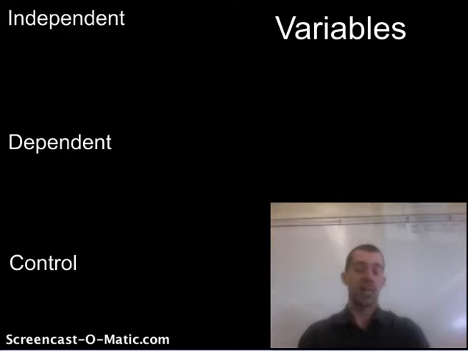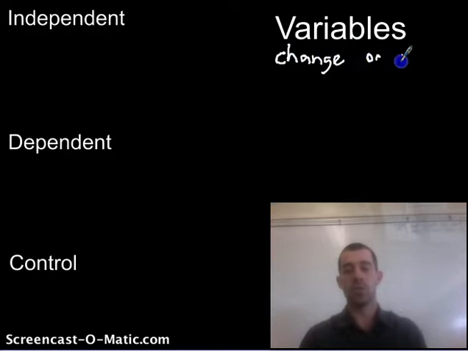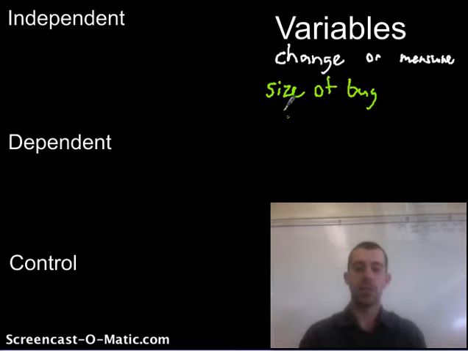In order to actually design our experiment, we need to identify what are the different variables from this situation. And variables are anything that you can change about a situation or anything that you can measure. So there's lots of things I can measure. We'll come up with huge amounts of ideas for this. But I'm just going to pick a few, so we might pick like the size of a pill bug. We might pick the species of bug.